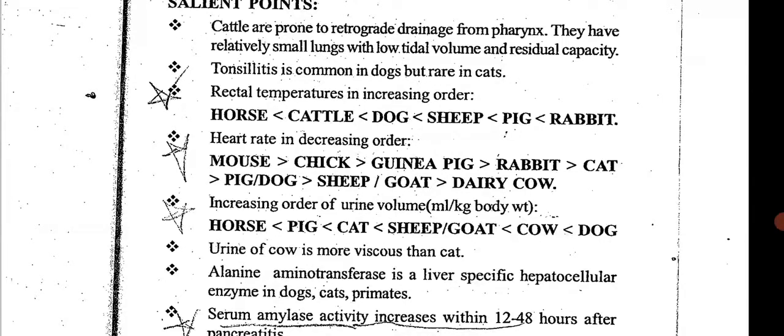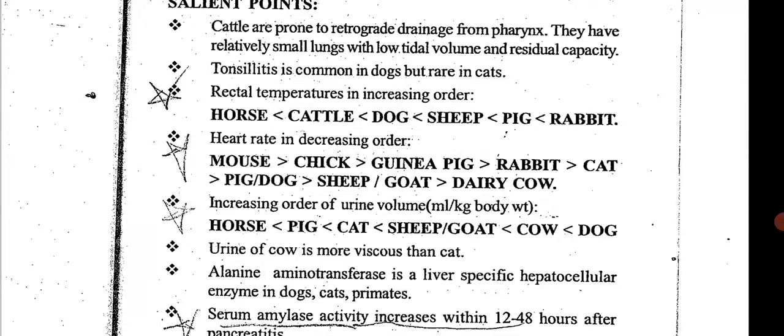The sequence is horse, pig, cat, small ruminants, and then dog.